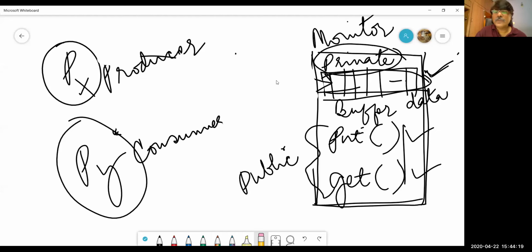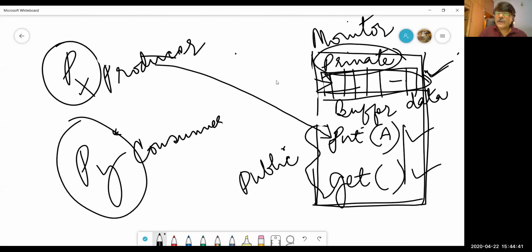Only the producer has visibility of the put function. The producer only knows that there is a put function in the monitor. So whenever the producer wants to put the information in the buffer, it will invoke the function called put, and to this put function it will supply the data.